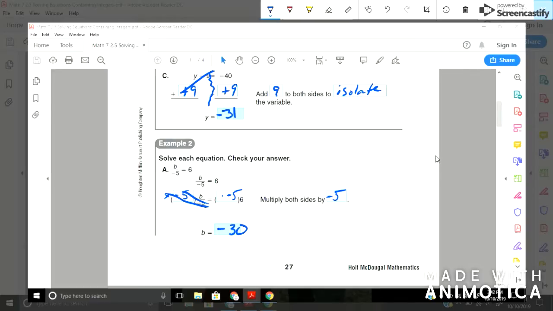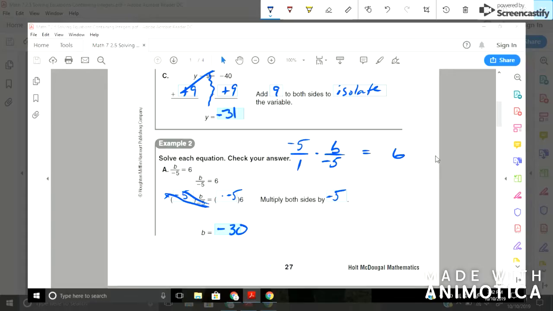Okay. You might ask in this first step, when we multiply by negative 5, why does that cancel out? Well, if you think about it, remember when you multiply by fractions, if this is a whole number, you can make it a fraction by putting 1 underneath.